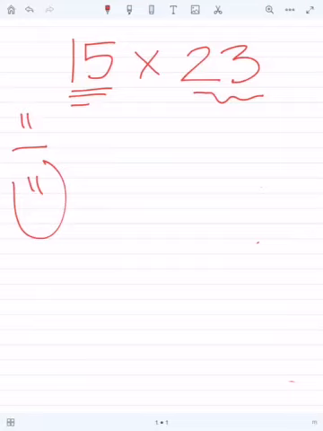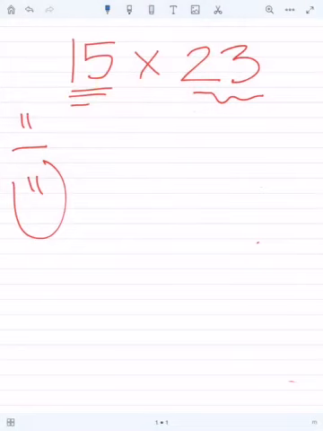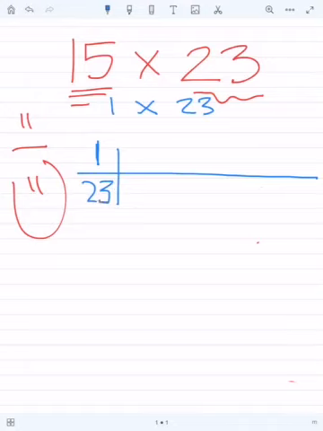So let's look at this in a ratio table first. So when we start in a ratio table, I'm going to start by saying, well, if I have just one group of 23, or after 1 week, I would have $23. Okay? But we're trying to get to 15 weeks and see how much money we would have.